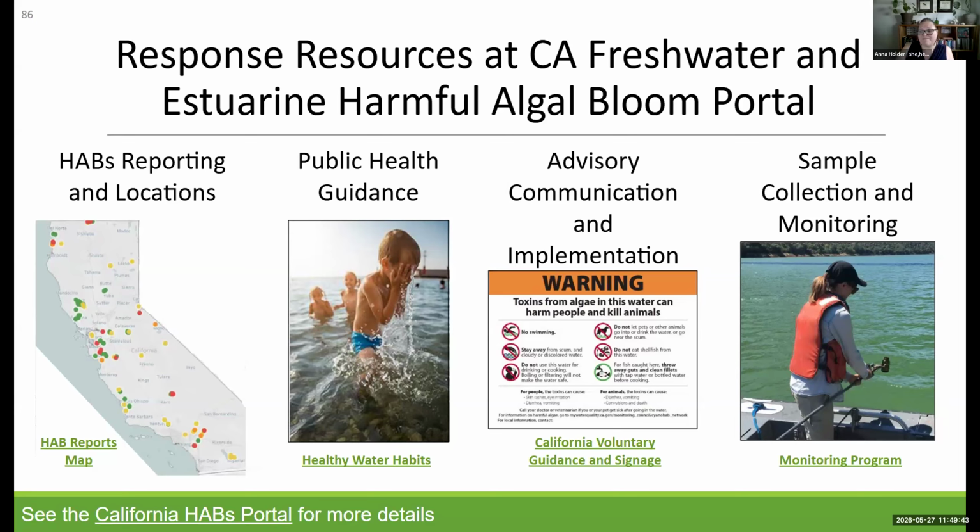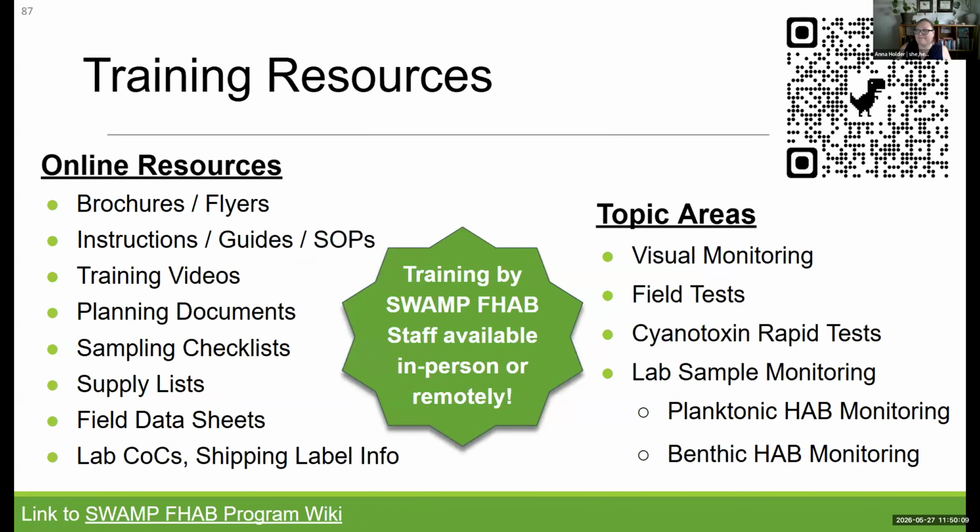So when folks from anywhere in California fill out our bloom reporting form and say, hey, there's this weird green stuff somewhere, here's information about it, that information ultimately goes to our FHAB reports map, so you can see what recent reports have been coming in for awareness as you go out and utilize water bodies near you.